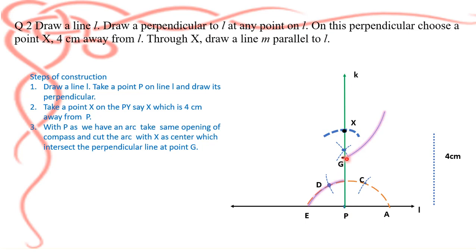Let's give this the name point G. Now here, this point E and the intersection point of the semicircle and the perpendicular line, this is the point F. This angle EPF we have to construct here now. So the alternate angles will become equal.